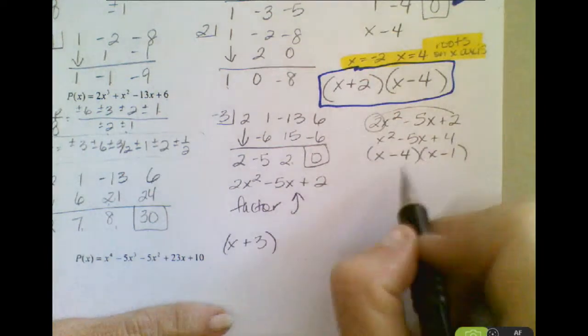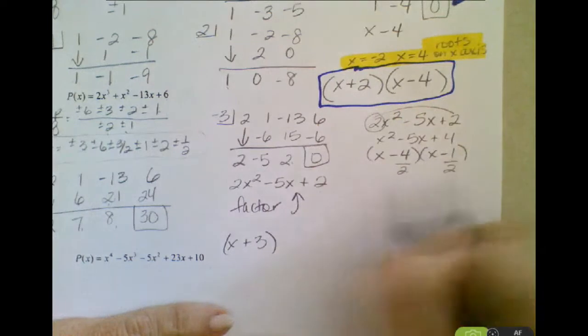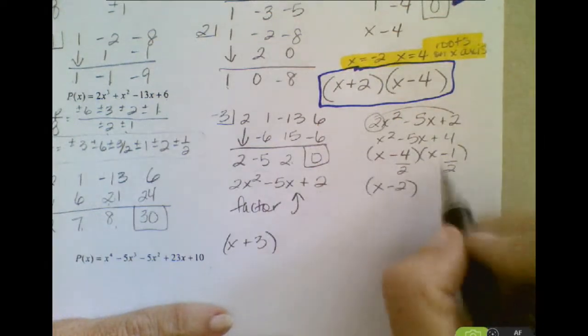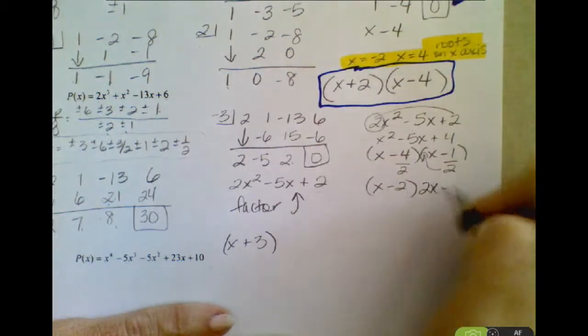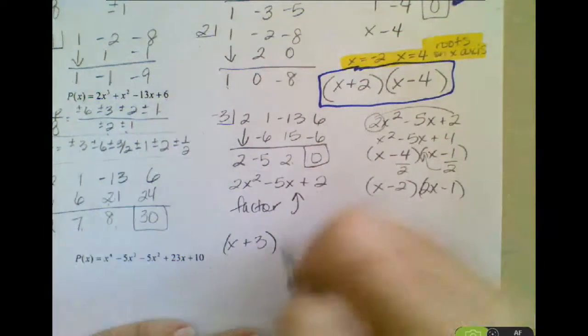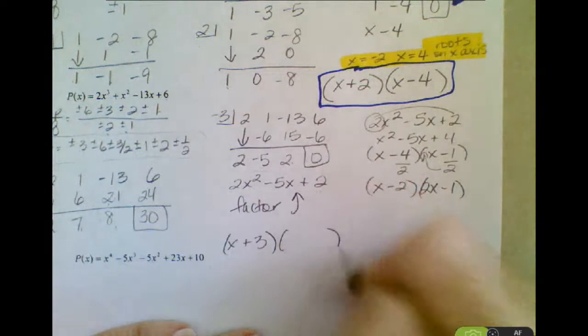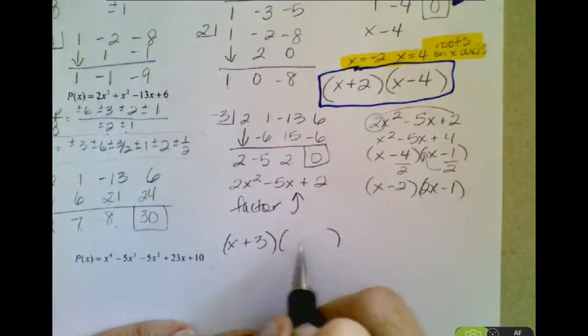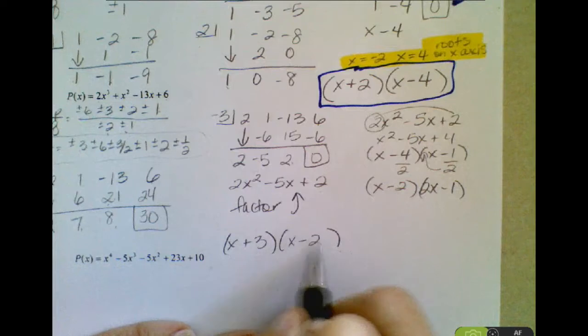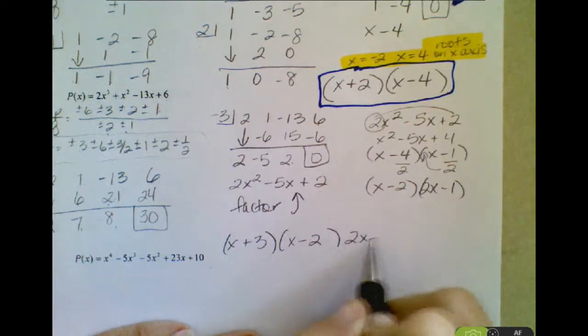Whatever I borrowed, I need to give back, so I'm going to divide out the 2. I get x minus 2. And then whatever doesn't divide down to a whole number, you swing out to the front. So my other factor is going to be 2x minus 1. So the actual factoring of that polynomial would be x plus 3, x minus 2, and 2x minus 1.